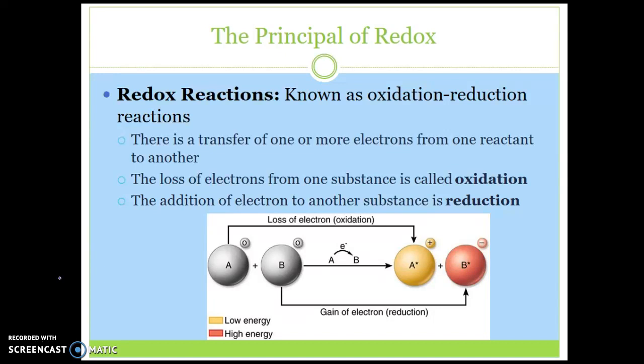And the addition of the electron to the other substance is called reduction. So that's why it's an oxidation-reduction reaction, because we're taking these electrons and transferring them to different products. And you can see here that this lost the electron, and this one gained the electron. That's why it's got the negative charge.